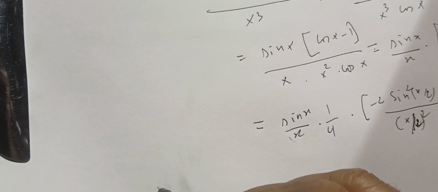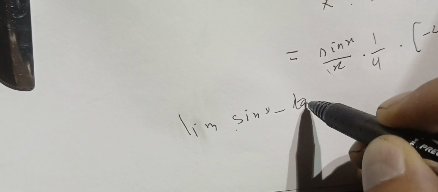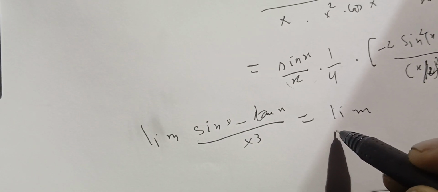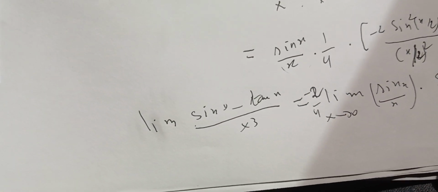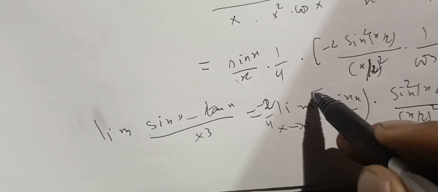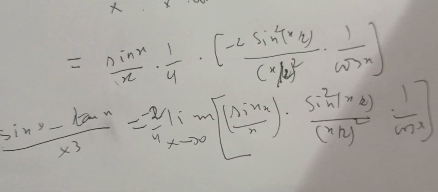So we write the limit of sine x minus tangent x over x cubed is equal to the limit as x goes to 0 of, let's take the 1 over 4 outside, sine of x over x times, let's take the minus 2 outside, so we get minus 2 times sine of x over 2 squared over x over 2 squared times 1 over cosine x. Now we know all these limits; they are all clear for us.